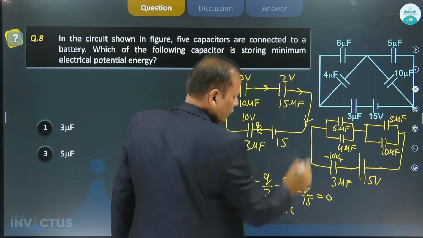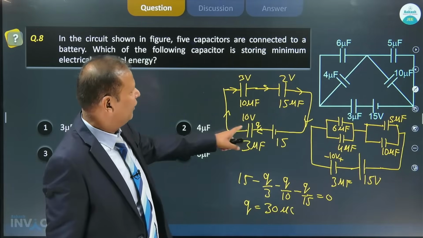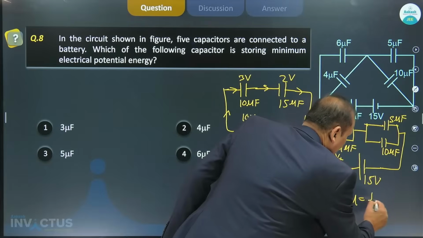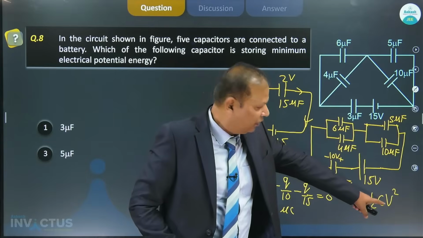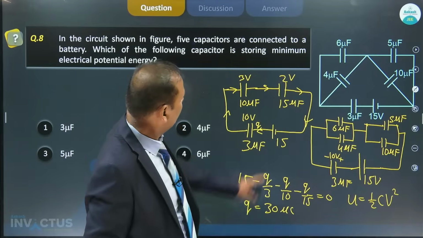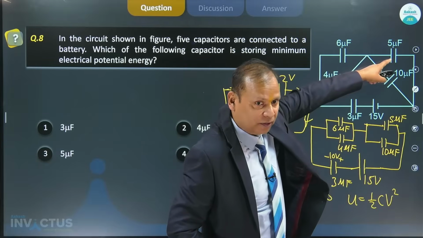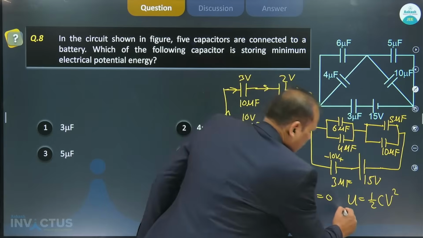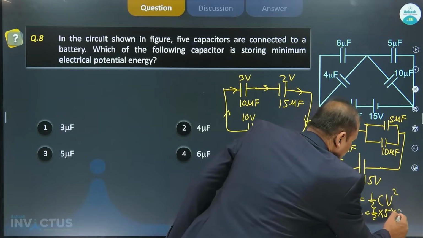V is equal to Q by C. Q is known, so the potential difference can be written like this. You know energy is half CV square. It depends more on V because it is a square. So where is V less? 2 volt, here it is less. And where is C less? Here, at 5 microfarad. So the energy will be minimum in 5 microfarad, and U minimum is 1/2 into 5 into 2 square.